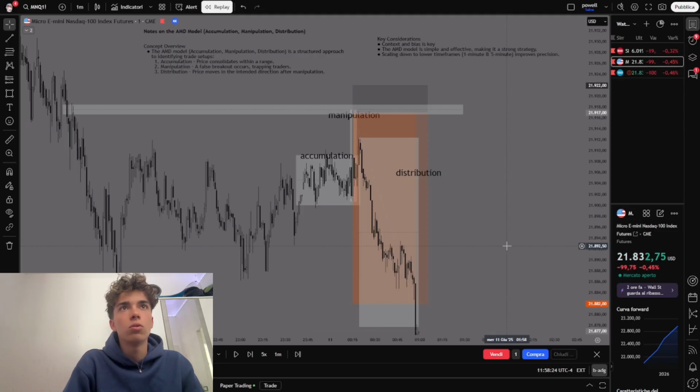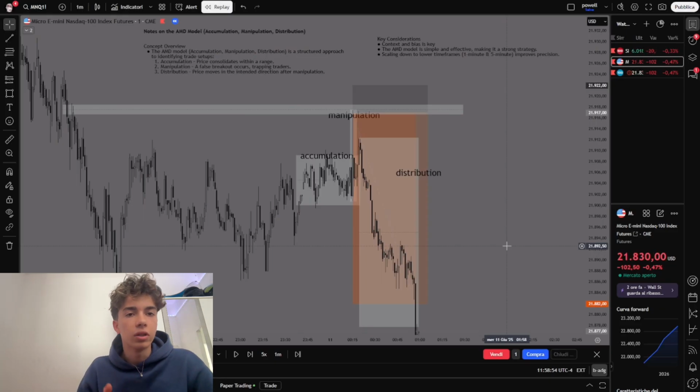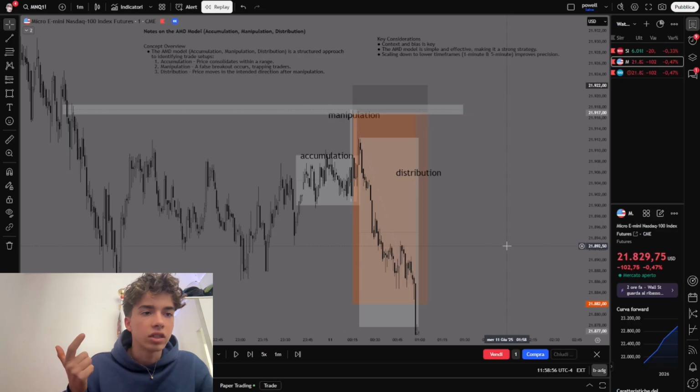And yeah, scaling down to lower time frames, this method is not the best with higher time frames. Perhaps the 1 and 5 minutes are the best to trade it with. And that's a model, it's not really a concept, it's a model. So you add this to your strategy to make it a very mechanical strategy. For example, in your strategy you already have the weak CE and the key levels that I explained to you.